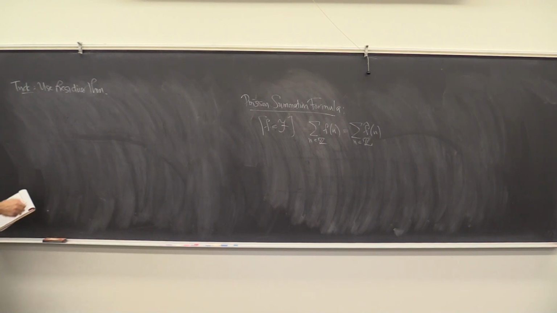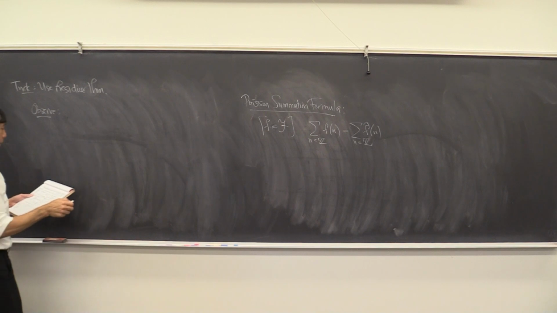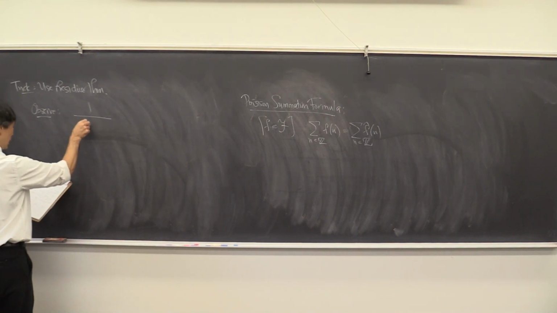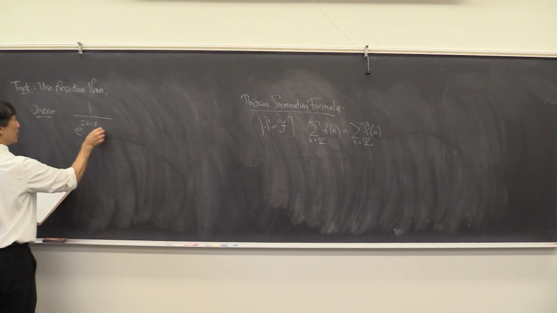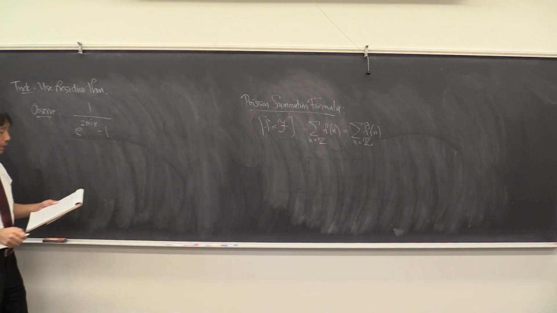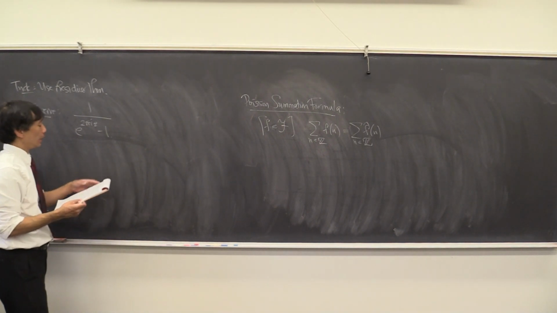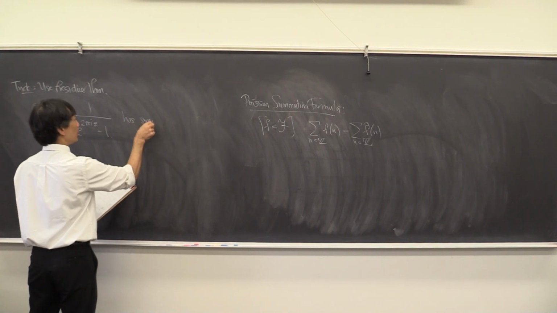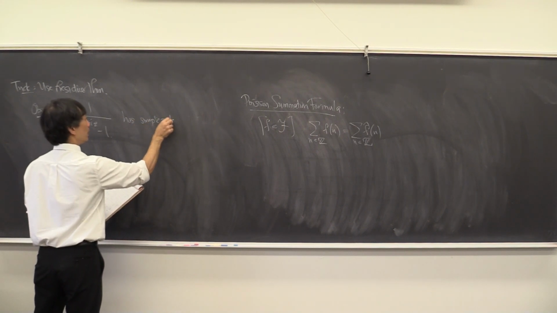Okay, so here's the observation. If you look at the function 1 over e to the 2 pi i z minus 1, this thing has simple poles at the integers.